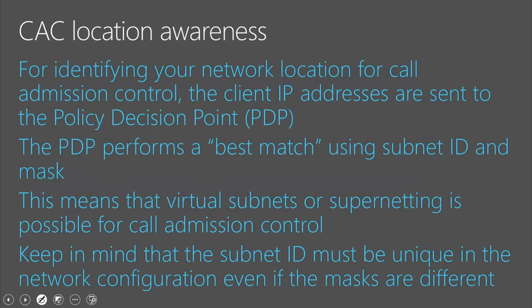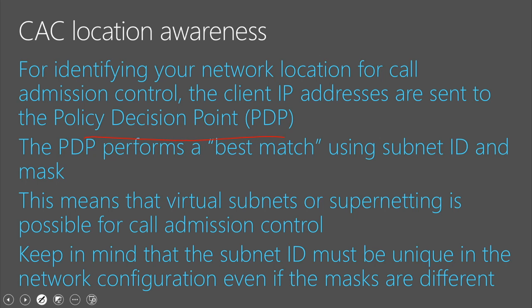It's a little bit different for call admission control. When I discuss the feature a little more deeply, call admission control sends an IP address to a server called the policy decision point. And that PDP does a best match.